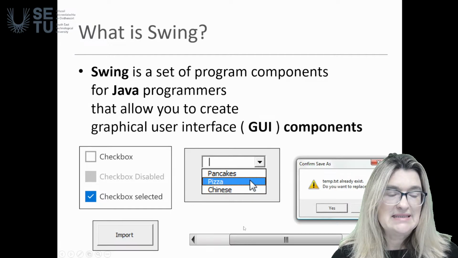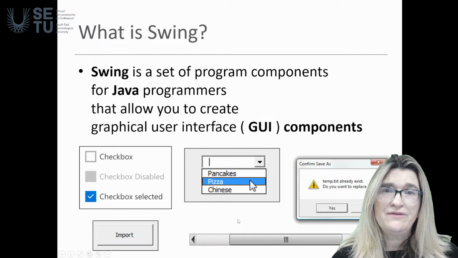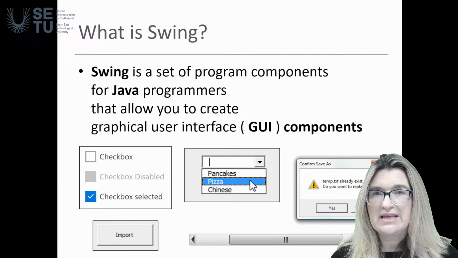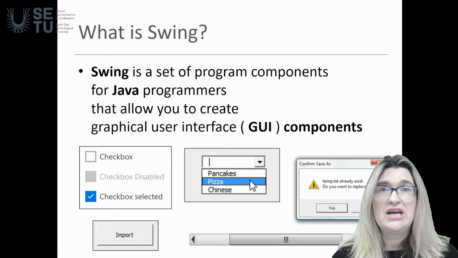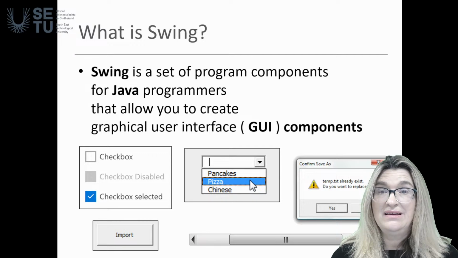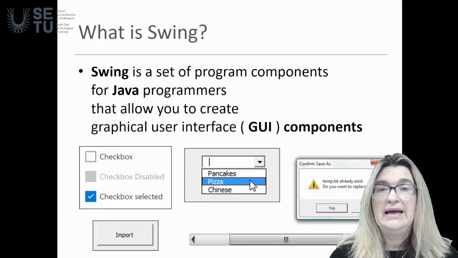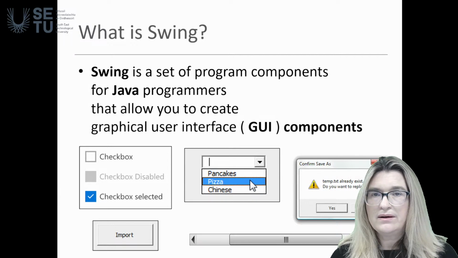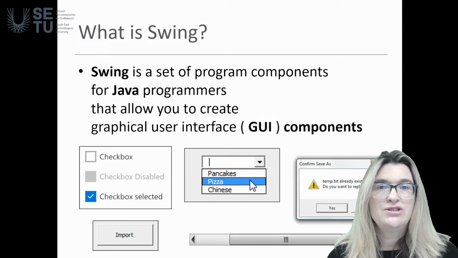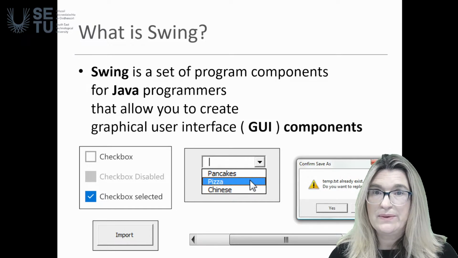So buttons and sliders, they're all different components that are in Swing, and you can play with them yourself. If you go to the Oracle Java Docs, you'll be able to see all of the different components in Swing, and on the processing.org website there's probably tutorials that might give you a little bit of help as well around this.